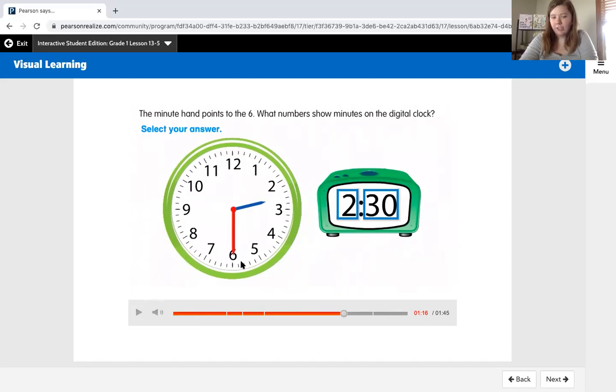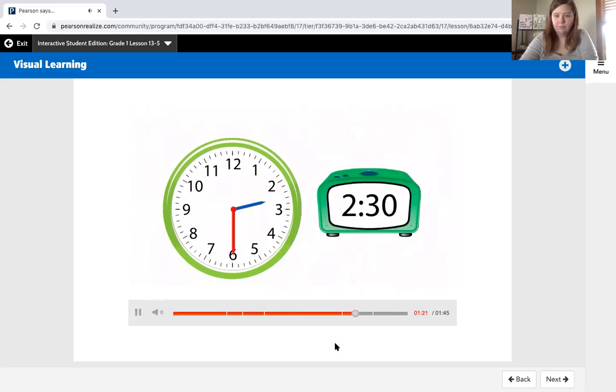To match our analog clock, the minute hand is now on the 6, or the 30, or half past, or the half hour. So our minutes say 30. The number after the dots shows minutes. The digital clock shows 30 minutes.